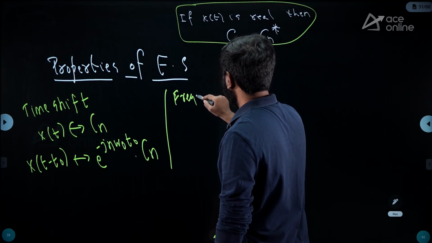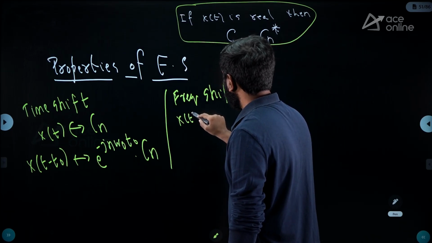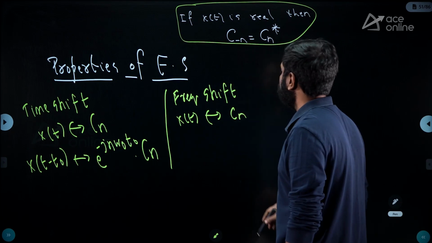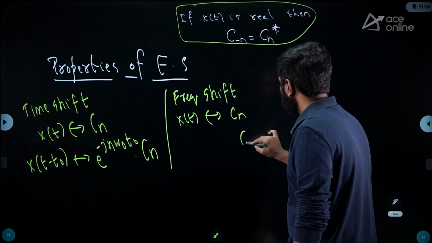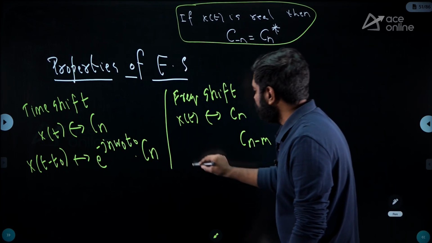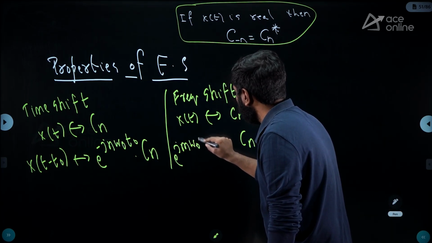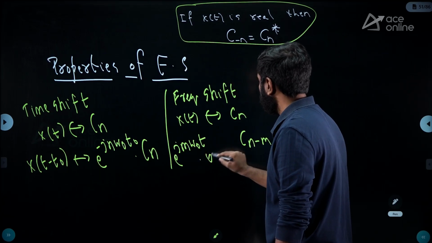So let's see the frequency shift property. If x of t Fourier series coefficient is Cn, then which periodic signal has coefficient C n minus m? And the answer is, it is e power j m omega naught t into x of t.